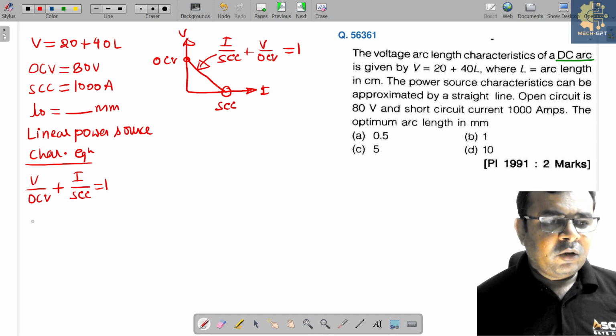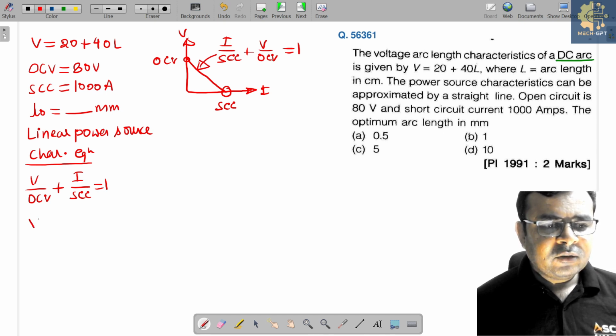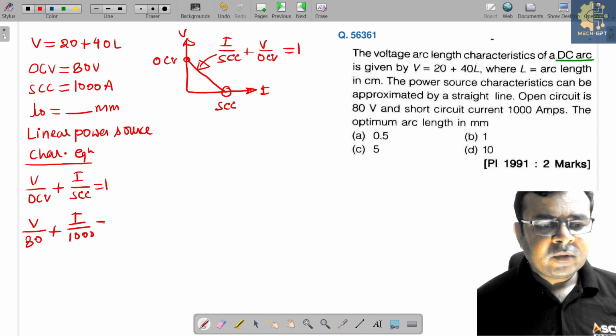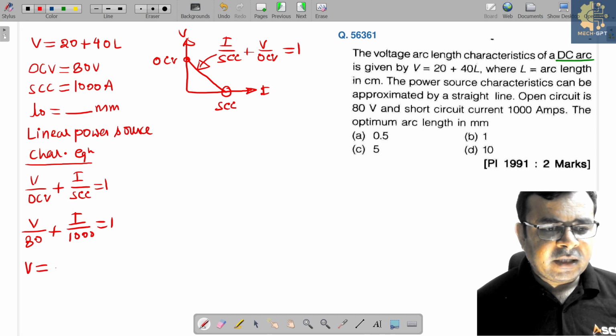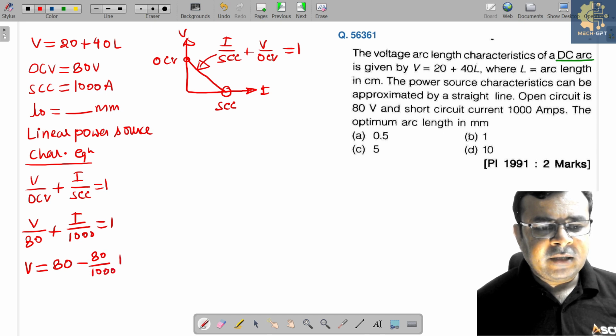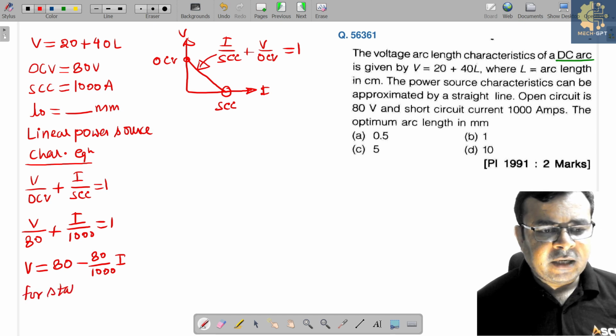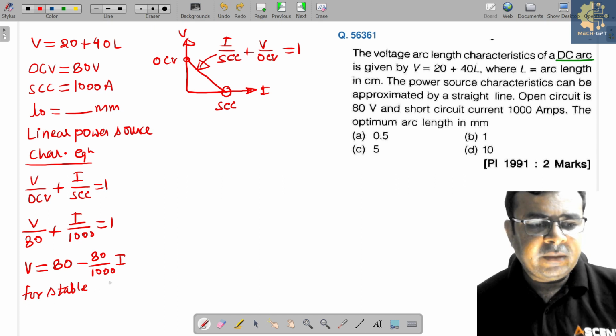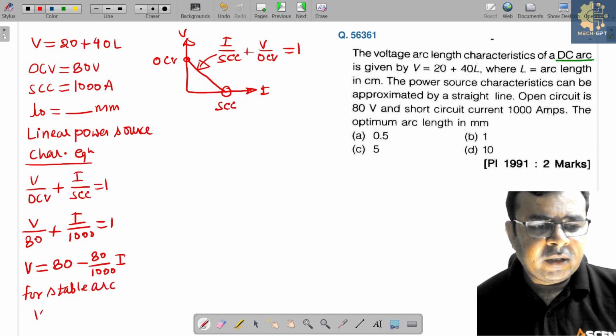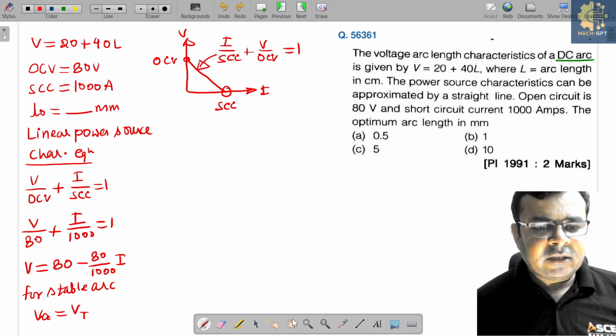Is it clear? Now if you put the values of OCV and SCC, we get V over 80 plus I over 1000 equals 1. So V can be written as 80 minus 80 by 1000 I. This is the voltage corresponding to the transformer. For a stable arc, the voltage corresponding to the arc length is equal to the voltage corresponding to the transformer.